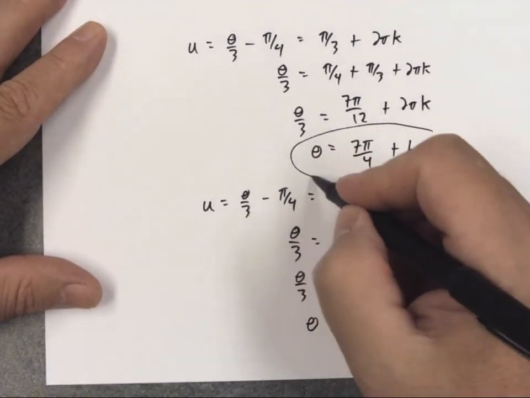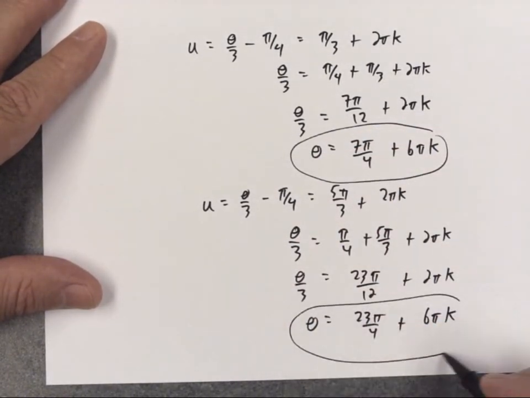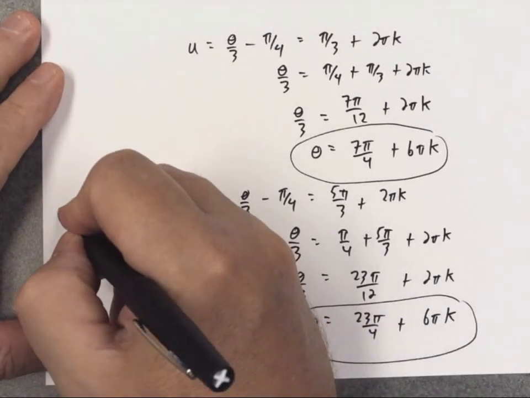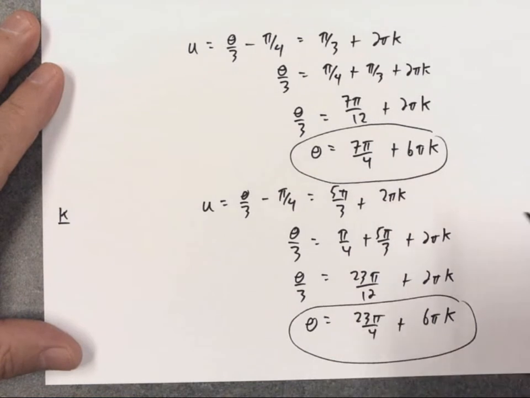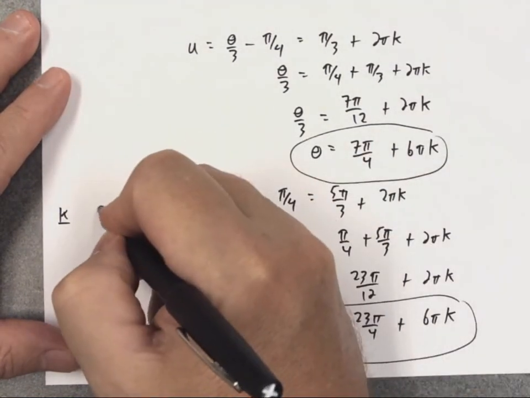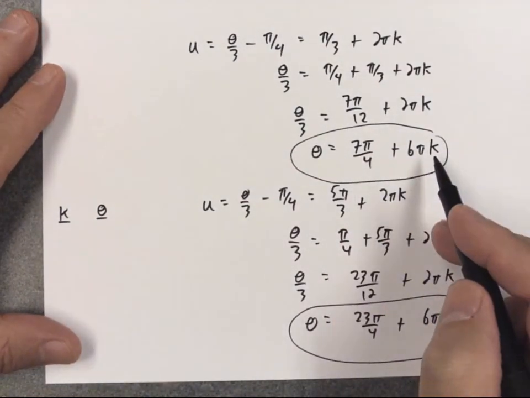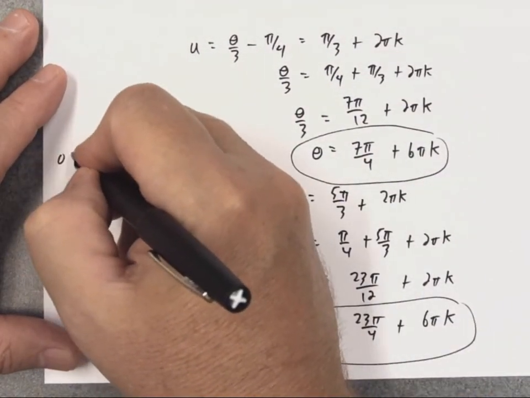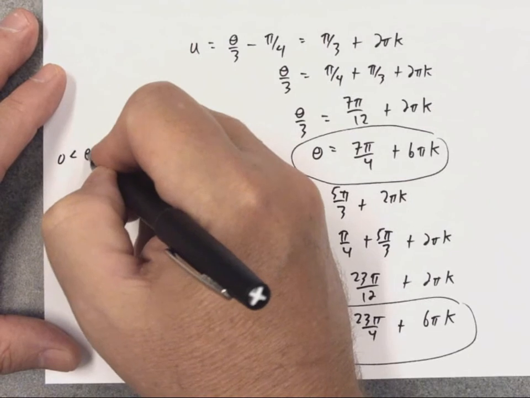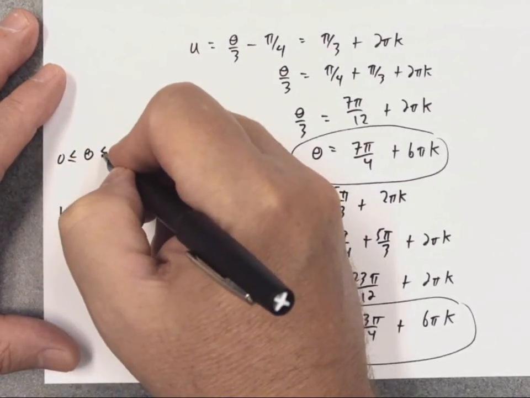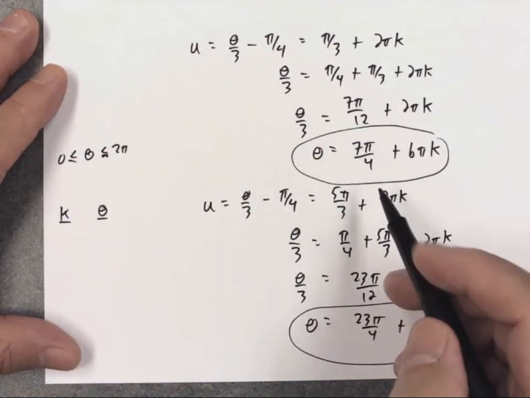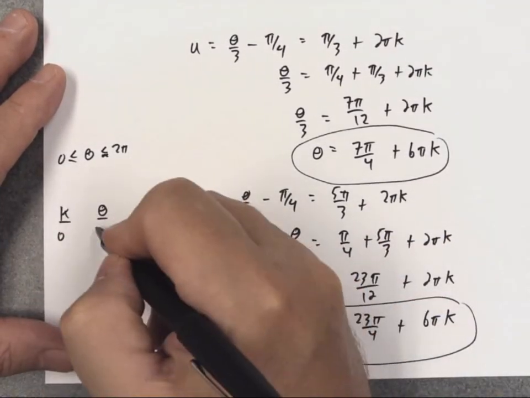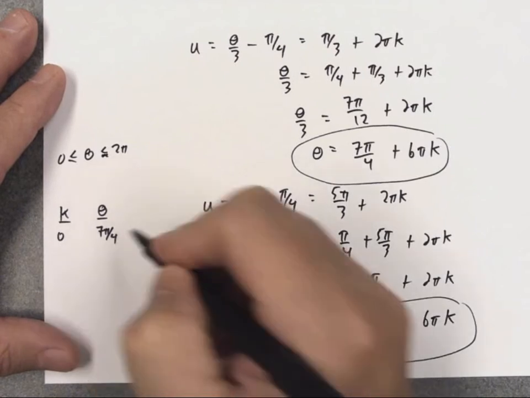So here, if I didn't make any math errors, now if I go over here and start counting my k's, let's go up here first. If I'm looking for 0 to 2 pi, k is 0, I get 7 pi over 4.